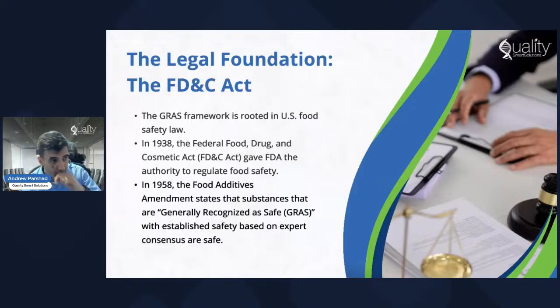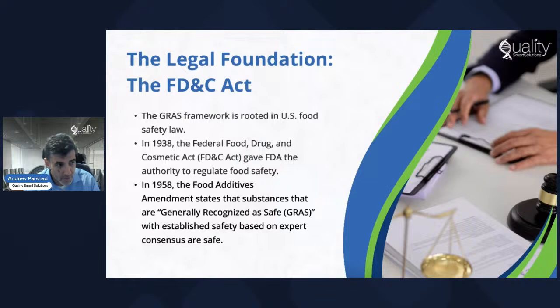Now let's fast forward to 1958, still a long time ago. Congress introduced the Food Additives Amendment, and this amendment created the modern system for evaluating substances added to food and introduced the concept of food additives requiring pre-market approval.